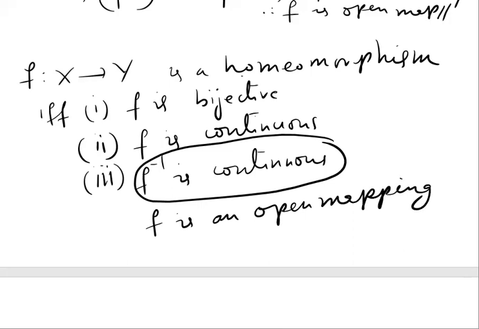So f is a homeomorphism if and only if f is bijective, f is continuous, and f is an open mapping. Bijective we know is one-one and onto. Continuous we know means the inverse of an open set is open. And open mapping means it maps open sets to open sets. Fine, this is another definition of homeomorphism.